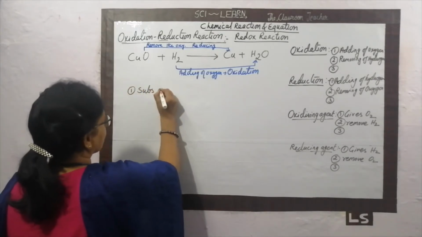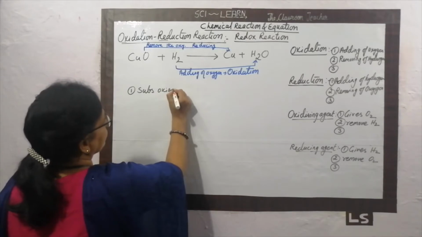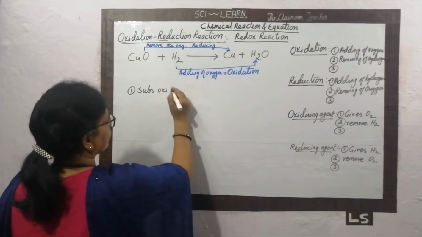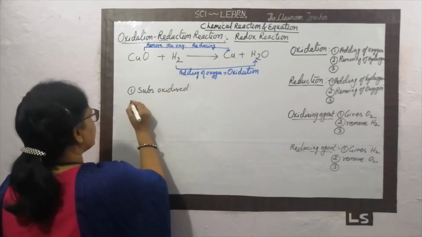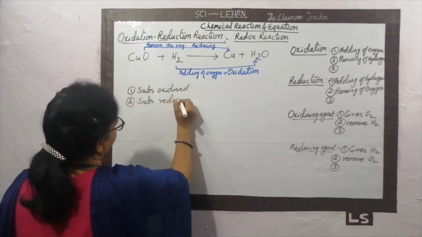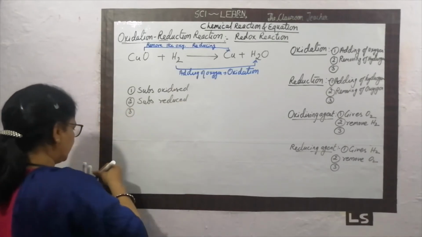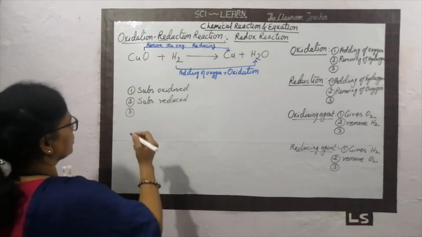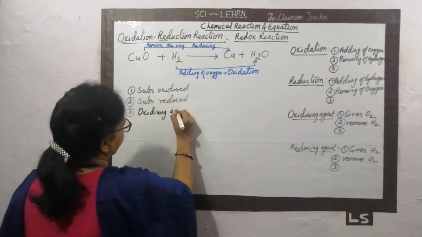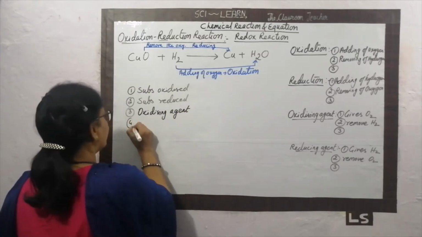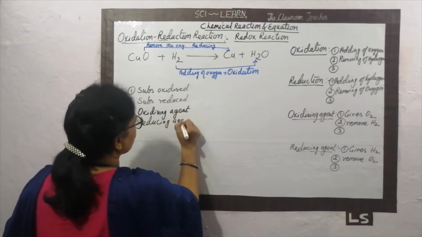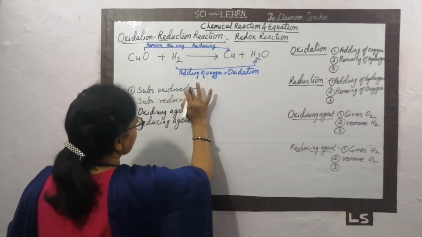First, substance oxidized; second, substance reduced; third, oxidizing agent; and fourth, reducing agent. You have to pick out all these four from this equation.